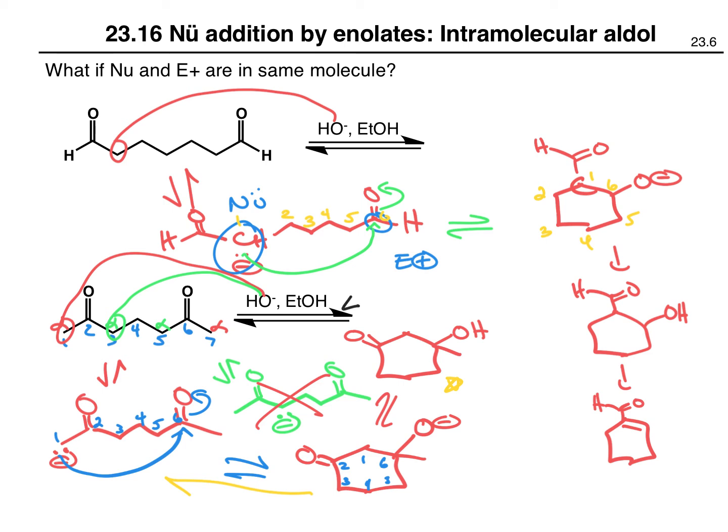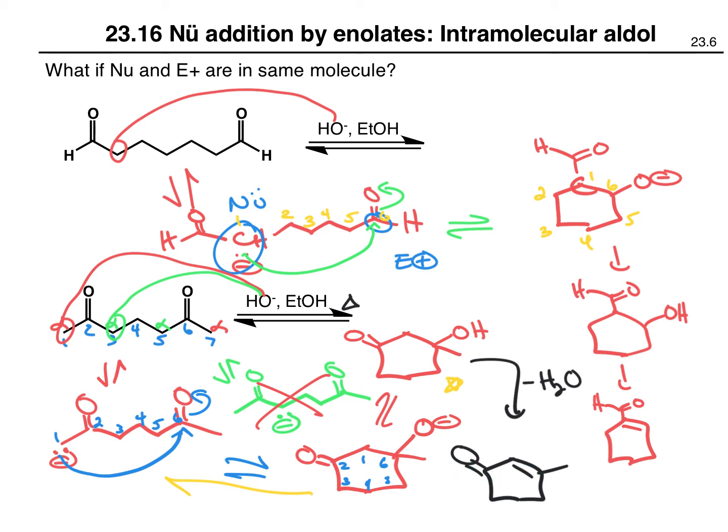However, if we heat this up just a little bit, then we can drive out water, and that would lead to this alpha beta unsaturated ketone in pretty good yield. So once again, we're losing a hydrogen from here and the OH from here to give the alkene at this position because this is conjugated.